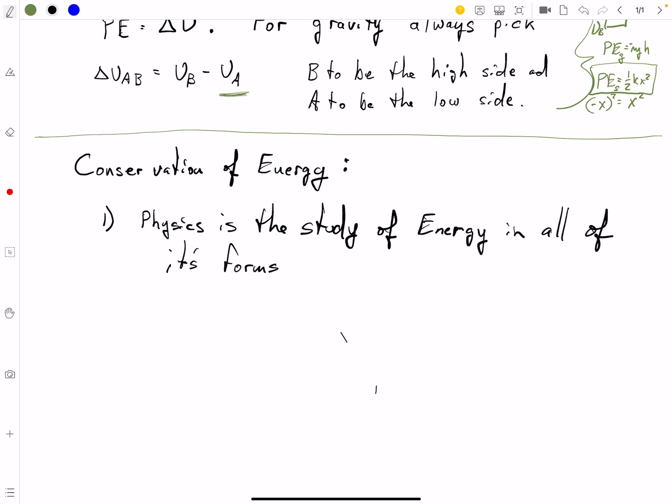You guys have heard of Einstein's E equals mc squared and all that other stuff. Well, they didn't figure that out until the 1900s. We didn't know that physics was the study of energy in all of its forms when they were doing this work. But since we have learned that everything pretty much is made up of energy, that's what physics does.